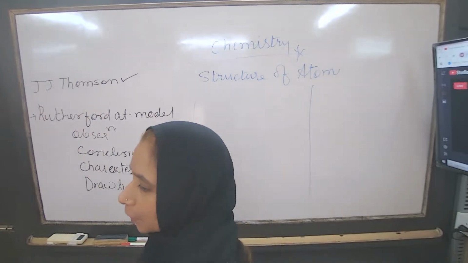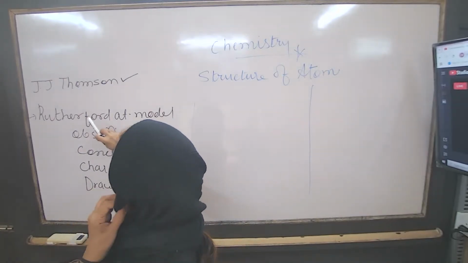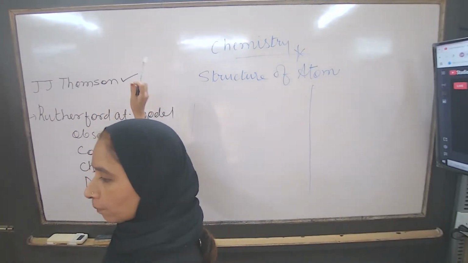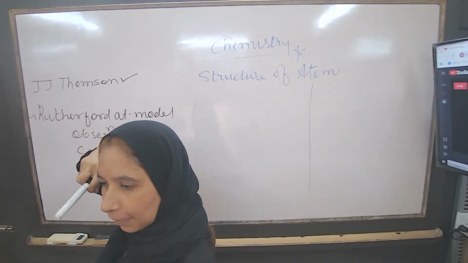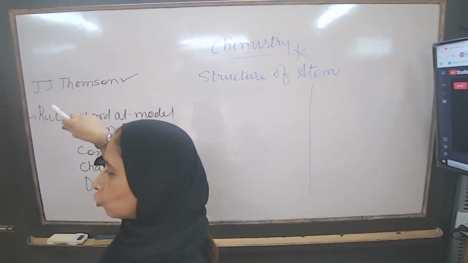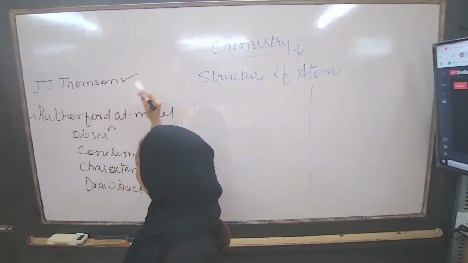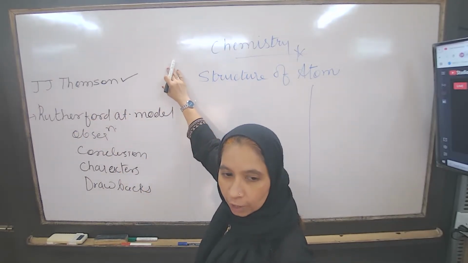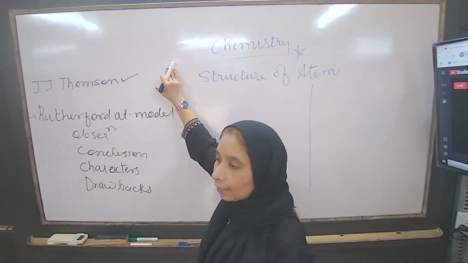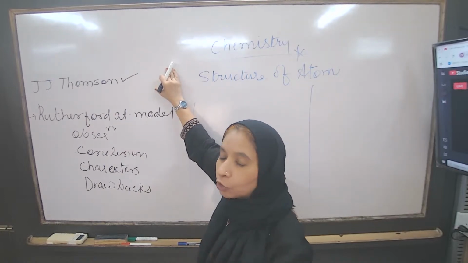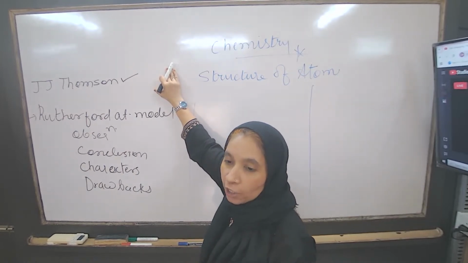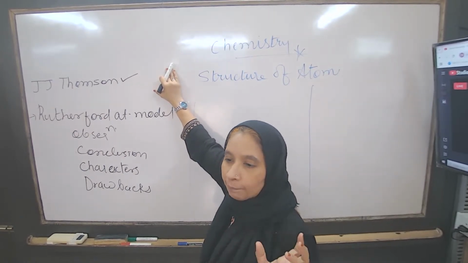Now, the Thomson atomic model we already completed in your last class. Briefly, what conclusion did he come to according to the watermelon and plum cake model?